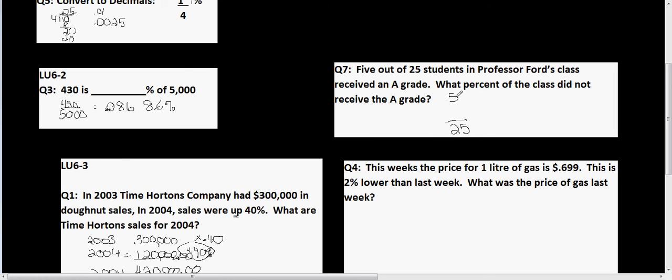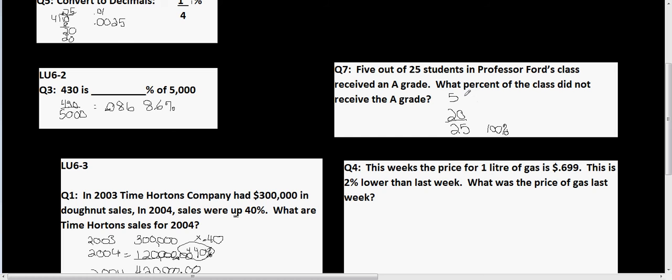You can subtract the 5 from the 25, and that means 20 people did not get an A. But we want to know what percent of the class did not receive an A. Well, we know that 100%, the grand total of the class, is 25. So we have to figure out what percent 5 is of 25 and 20 is of 25.